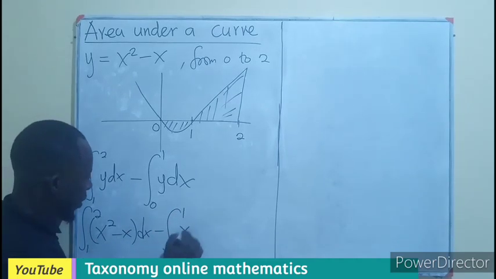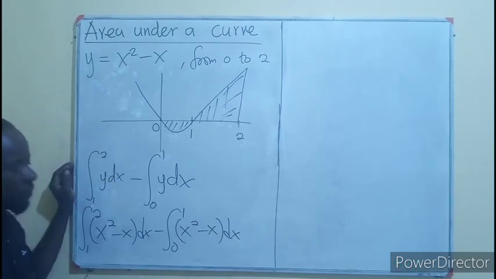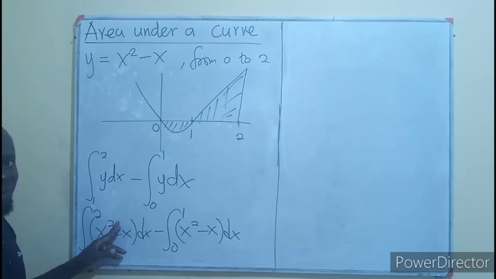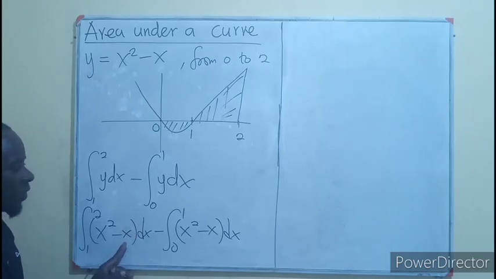Then I have x squared minus x dx. I believe if you increase this power, we are going to have 3, so divided by 3. If you increase this, we have 2 divided by 2.